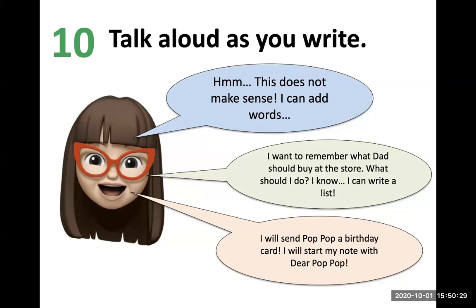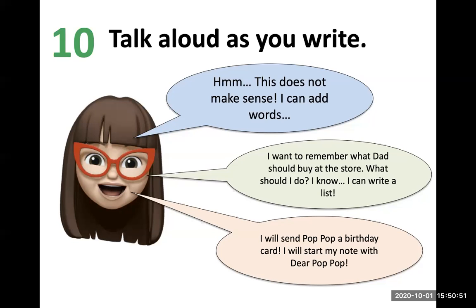So you can say something like, that doesn't make sense. I need to add a word in there. And you reread it and write in the word. Or you can say something like, I want to remember what dad should buy at the store. What should I do? I know. I'm gonna write a list.